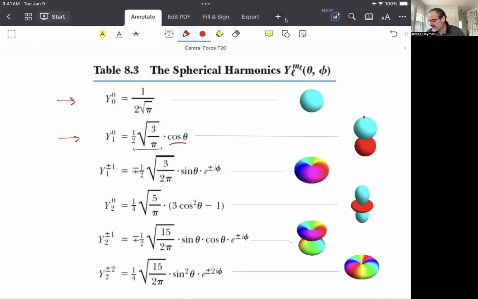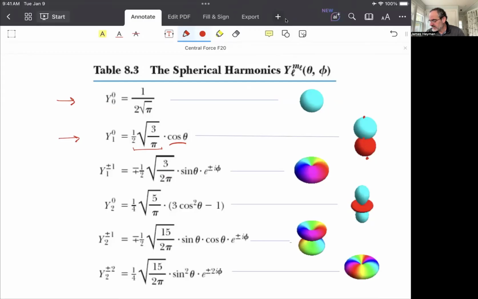As the polar angle gets bigger and bigger, the value gets smaller and smaller until here, at theta equals 90 degrees, the value would be 0 because cosine of theta is 0. As we go from 90 to 180 degrees, the magnitude will get bigger and bigger and finally reach 1. But now the sign will be negative instead of positive.